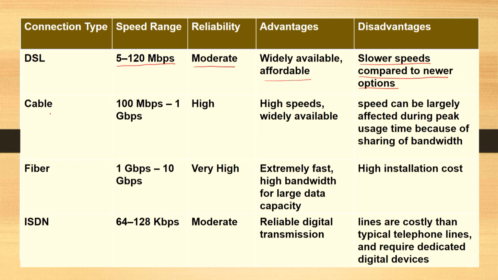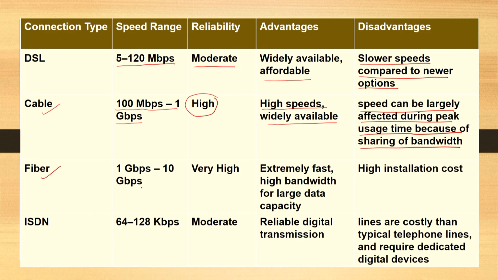Cable, which is another connection type, has a speed ranging from 100 Mbps to 1 Gbps. Reliability of this network is high. The advantage is that it provides high speed and is widely available, but the disadvantage is that speed can be largely affected during peak usage time because of sharing of bandwidth.